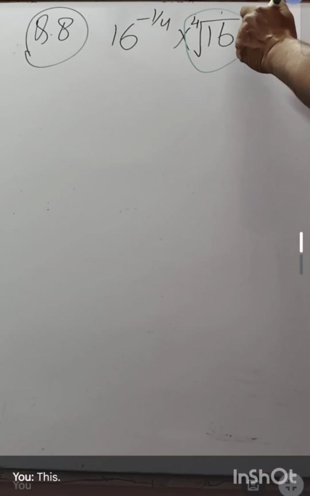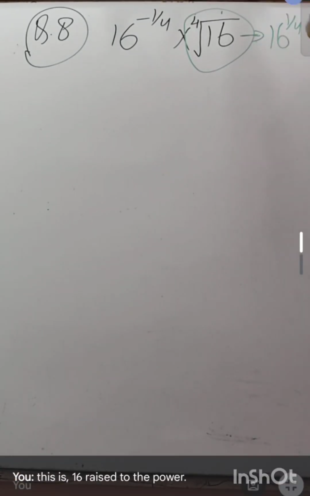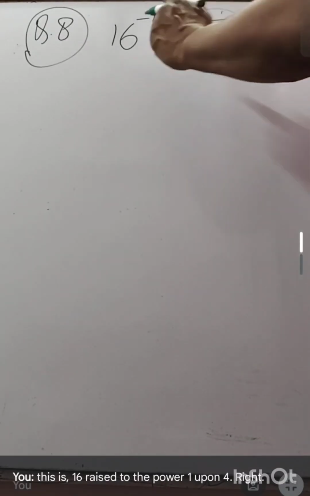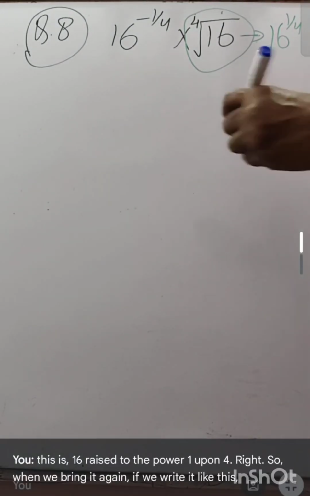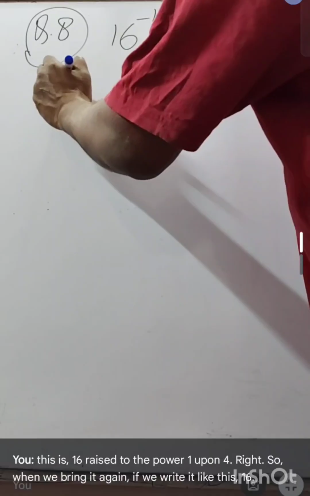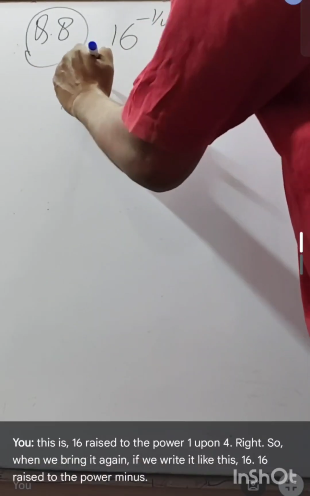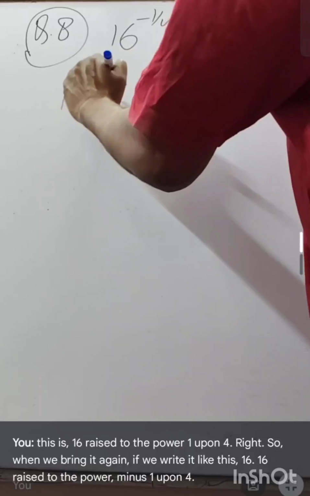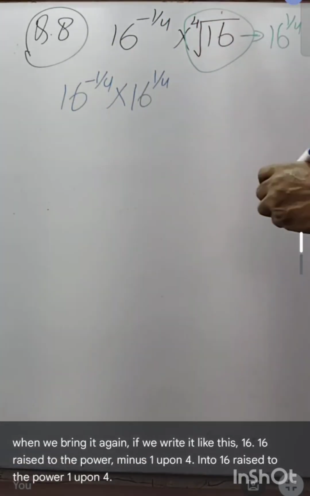So when we bring it again, if we write it like this, 16 raised to the power minus 1 upon 4 into 16 raised to the power 1 upon 4.